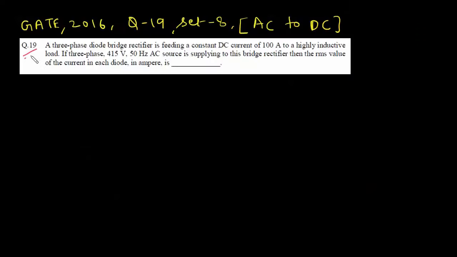So this is question number 19. This question came in GATE 2016, set number 8, and it is related to AC to DC conversion. We have a three-phase diode bridge rectifier feeding a constant DC current of 100 amp to a highly inductive load. So let us draw a schematic of the three-phase diode bridge rectifier.